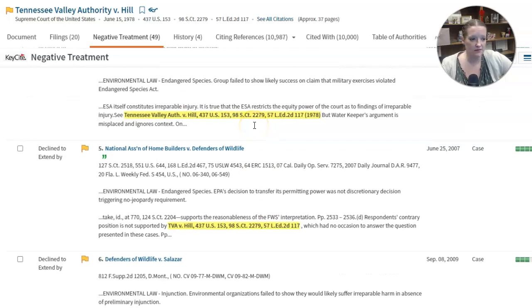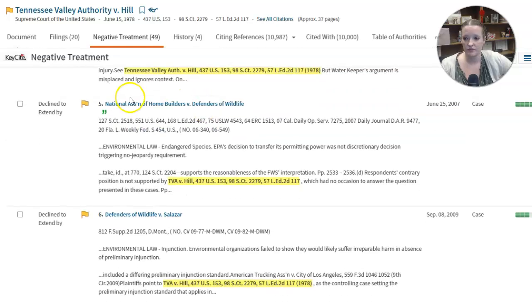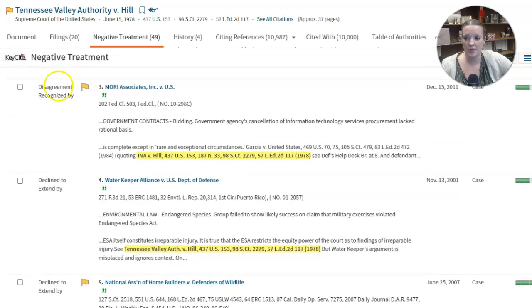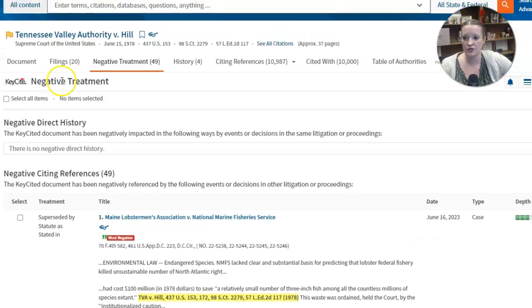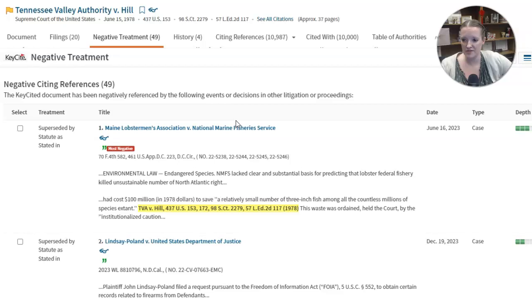And then I want to go to the top of our document. You can see that Westlaw has marked this case, Maine Lobstermen's Association, as being the most negative case.